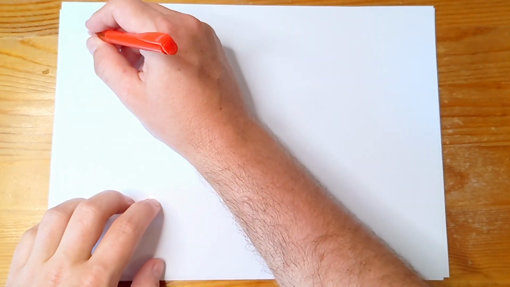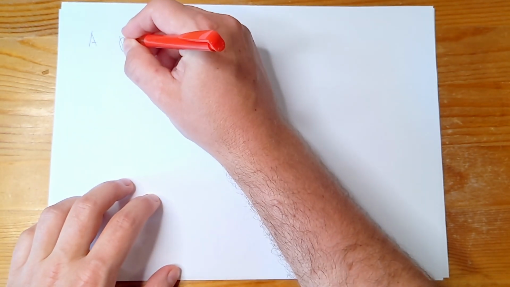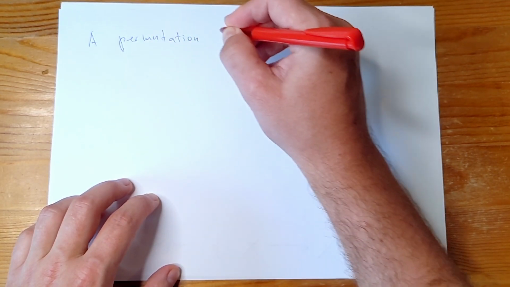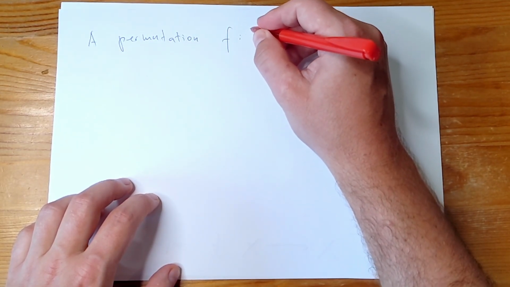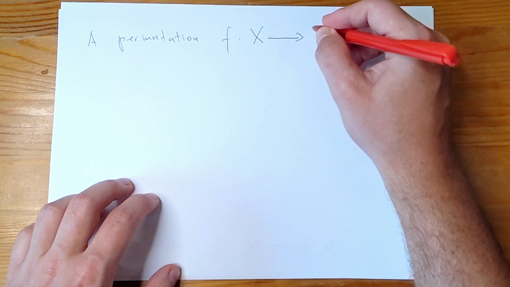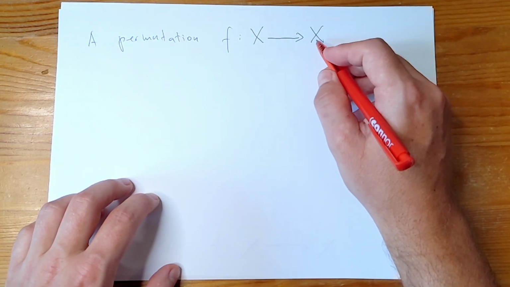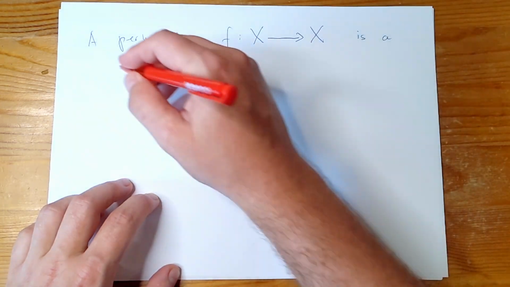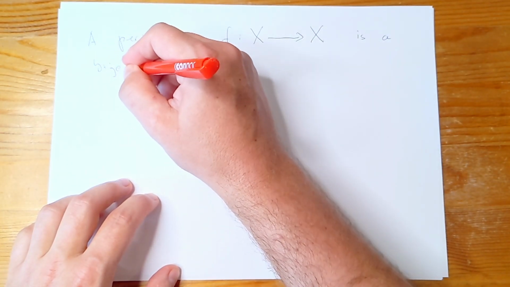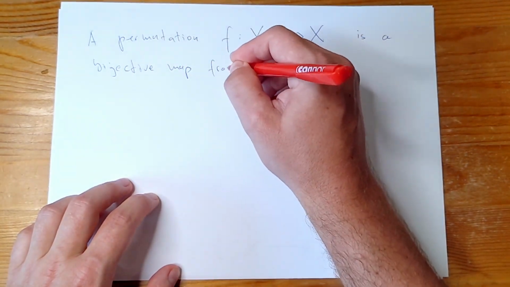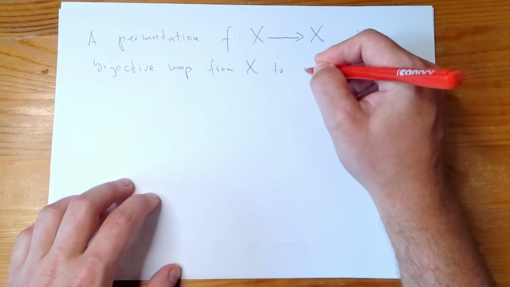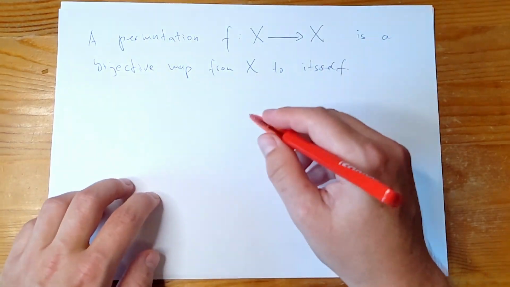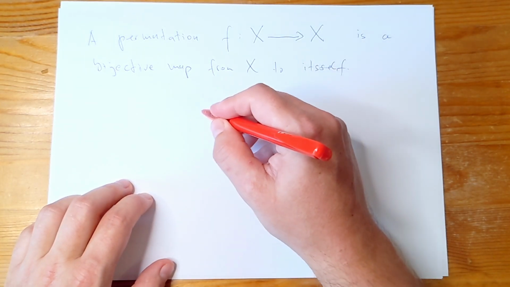So a permutation is just a special case of a bijective map, namely when the second set is equal to the first one. So it's a bijective map from X to itself, right? So this looks like this.